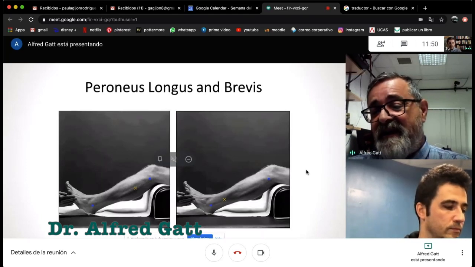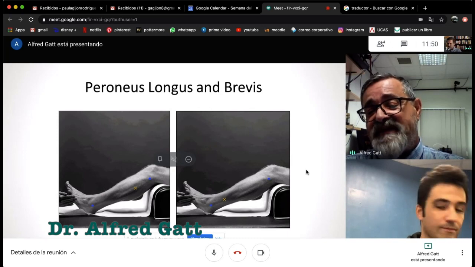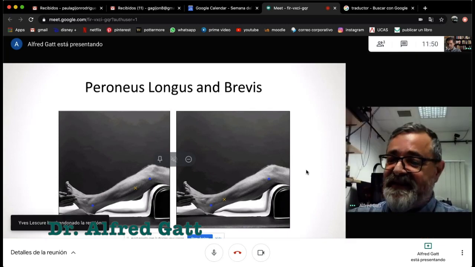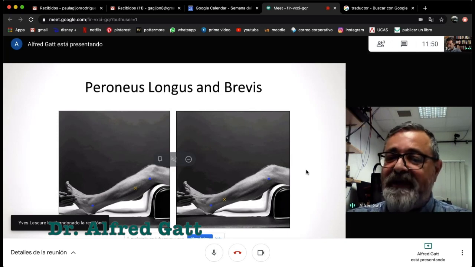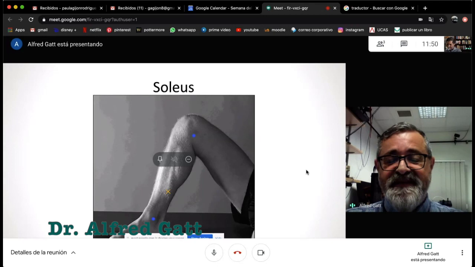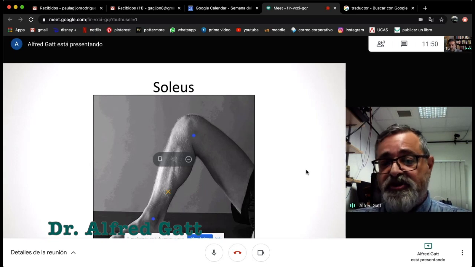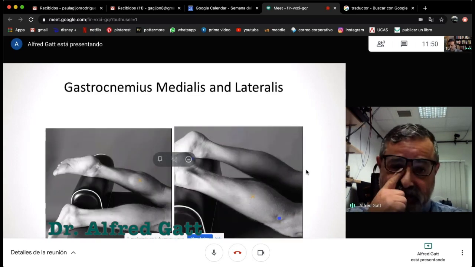And they really make it very easy for us, because they show us anatomical landmarks and the distance where to place these sensors relative to these anatomical landmarks. Okay, we can see, for example, here where to place the sensor to measure the soleus and the medial and the lateral head of the gastrocnemius.